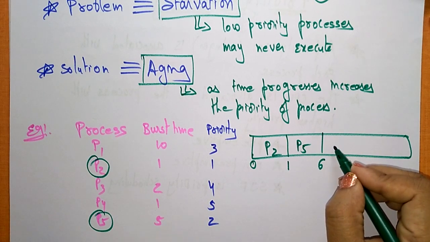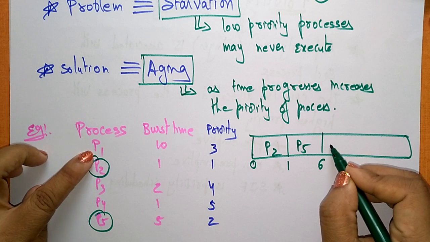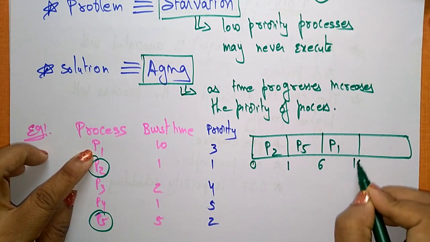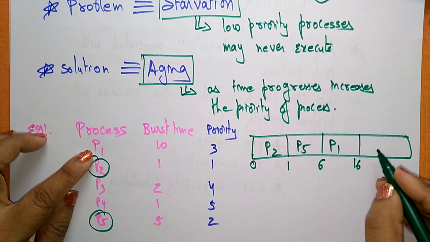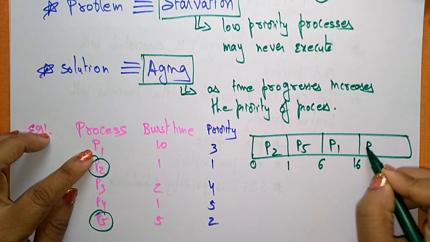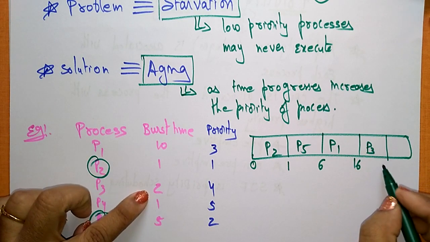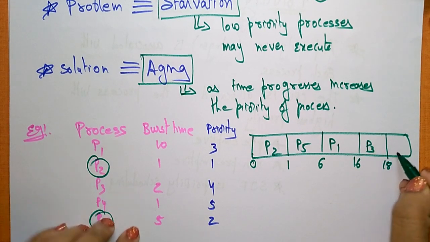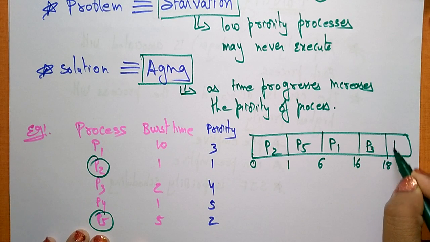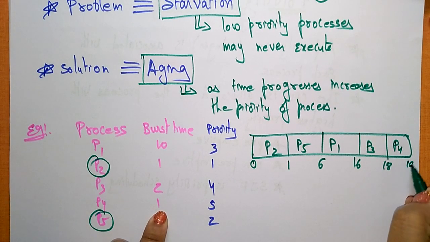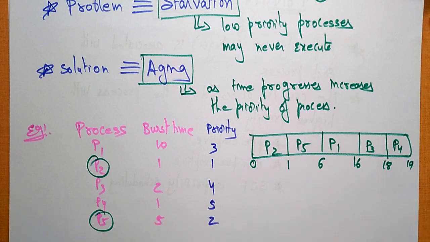Next is 3, that is P1, with burst time 10, so 10 plus 6 is 16. Next is P3 with burst time 2, so 16 plus 2 is 18. The last is P4 with burst time 1, so 18 plus 1 is 19.